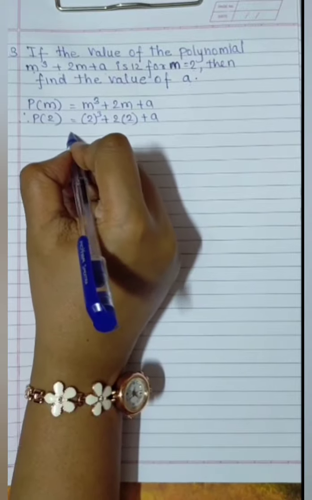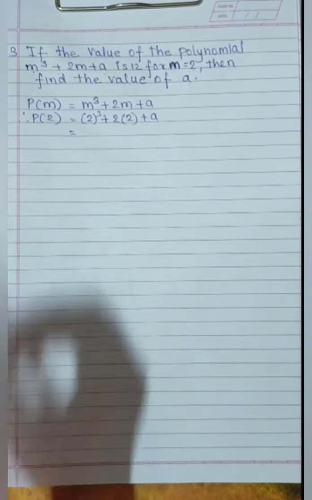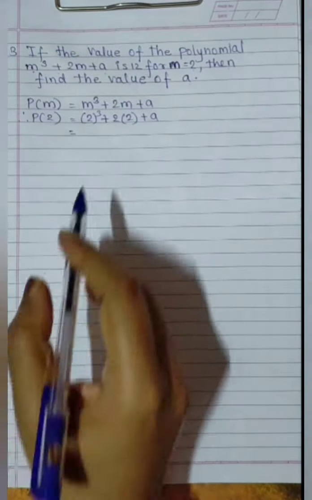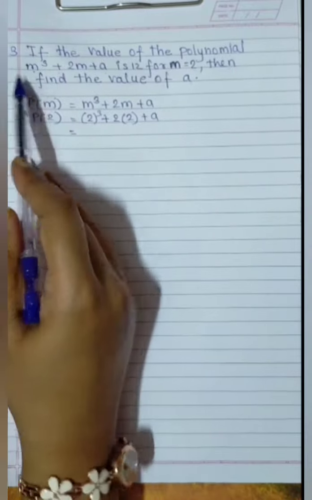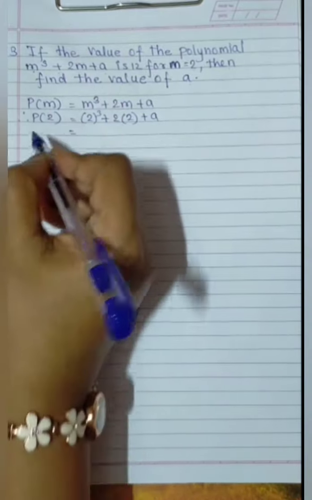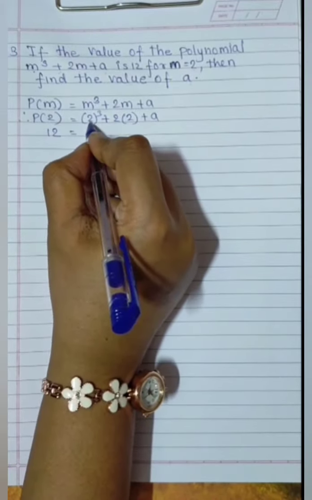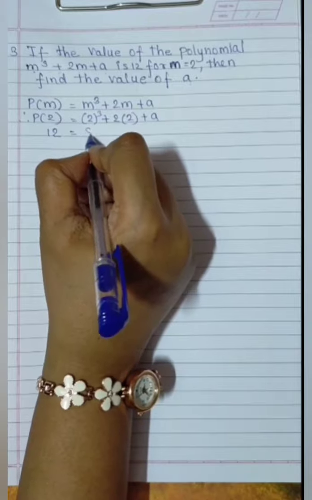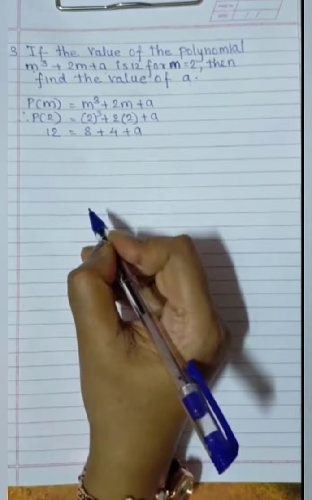Now here, what is given? The value of the polynomial m cube plus 2m plus a is 12. So we'll take here 12 equal to 2 cube, which is 8, plus 4 plus a.